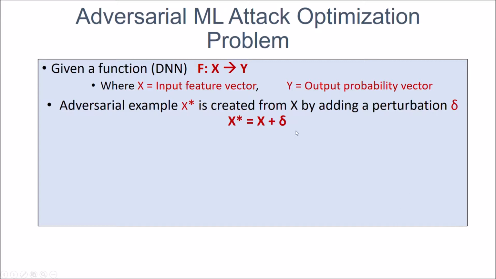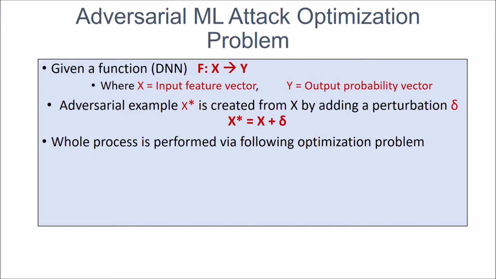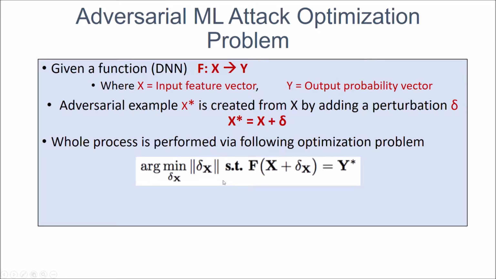That perturbation, delta, is added to the input example, and a new input is created, and this is called the perturbed input. This perturbed input is optimized by using a certain optimization function, where the objective is that we need to create an input example with minimum amount of perturbation that, when added to the actual input and subjected to the deep neural network, classifies that input into another class.